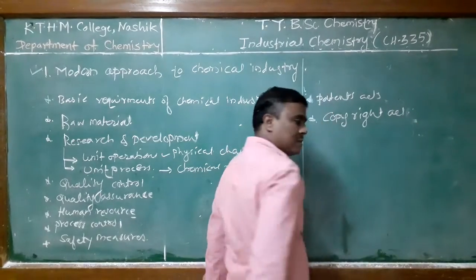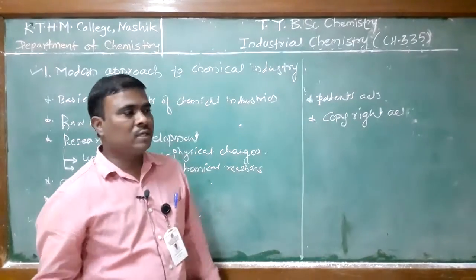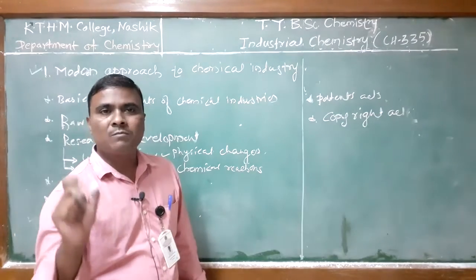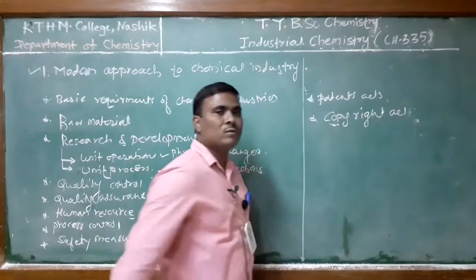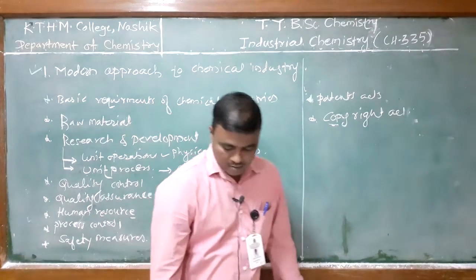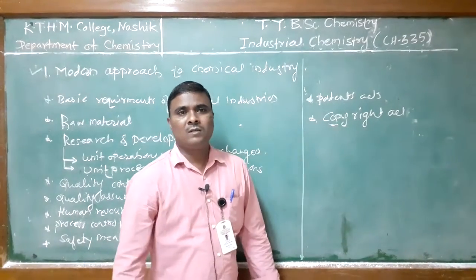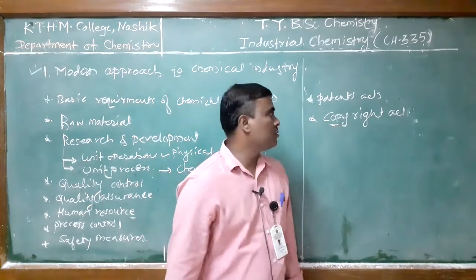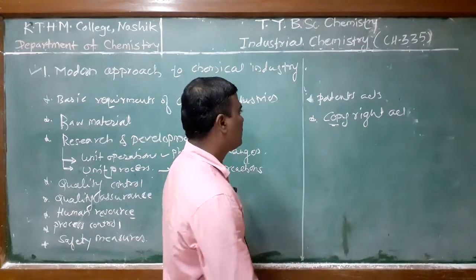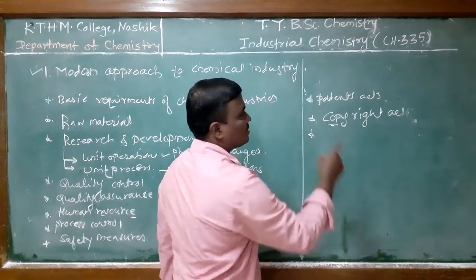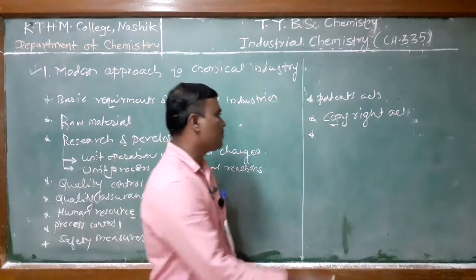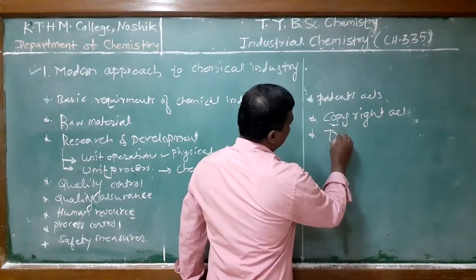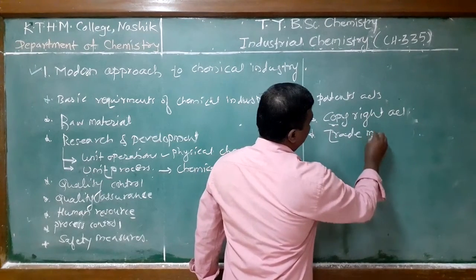Copyright Act means what? If you take any book, you will see some logo is there. That logo is nothing but copyright. You may take an example of a presentation, if copyright is there, we cannot copy. So, to cover the intellectual invention, we need to understand what is the Patent Act. We will see what is the Patent Act, Copyright Act, and next we will see trademark.